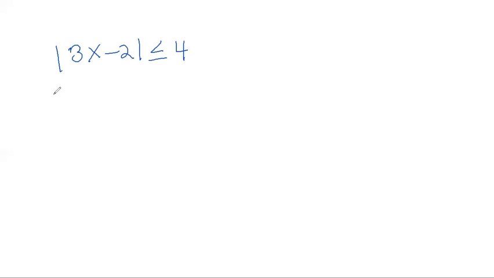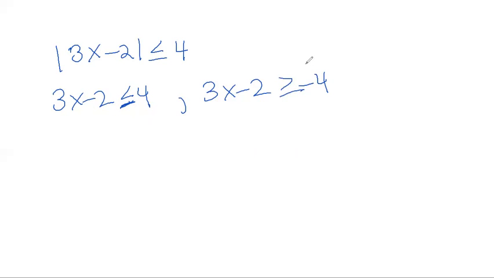Well, that's going to give me 3x - 2 <= 4, and 3x - 2 with a -4. Now, the reason why I didn't draw the sign here is because since it's negative here, you have to change this. So the opposite of less than or equal to is greater than or equal to. So it's very important to remember that.